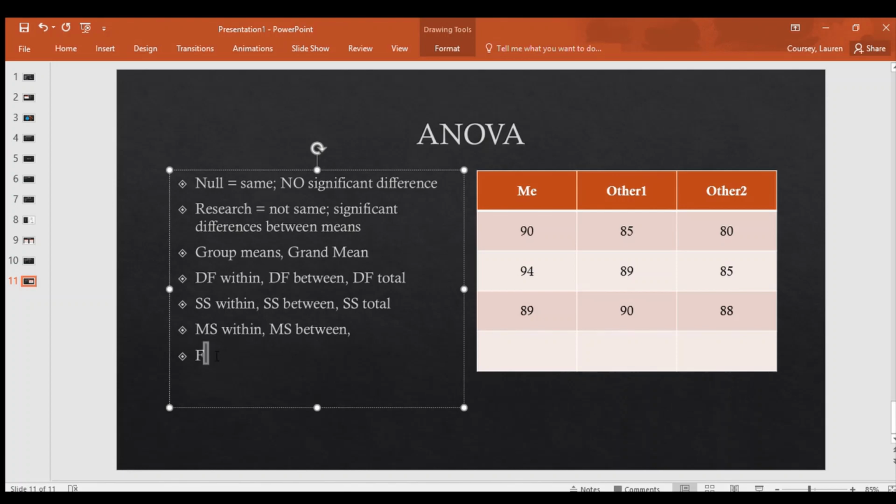If the F statistic that I have calculated is larger than that critical or cutoff value, then I would say that I've supported my research hypothesis that at least one of these groups is significantly different from at least one other one. And I would reject my null hypothesis that they're all the same and that there's no significant difference between the means of these three groups.